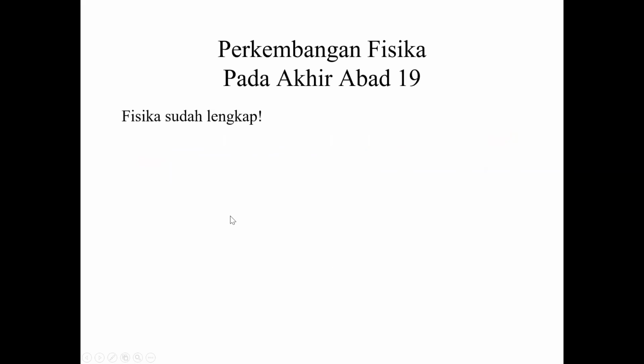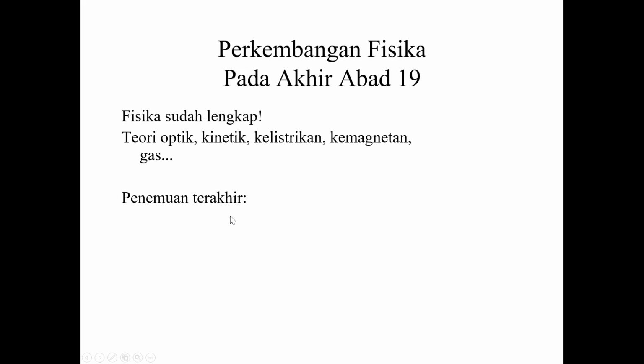So at the end of the 19th century, somehow we thought that physics was already complete. We had optical theory, kinetic theory of gas, electricity, magnetism, and so on, everything.